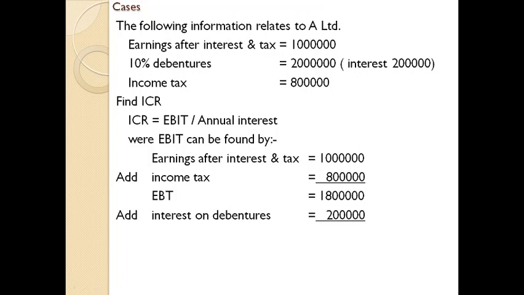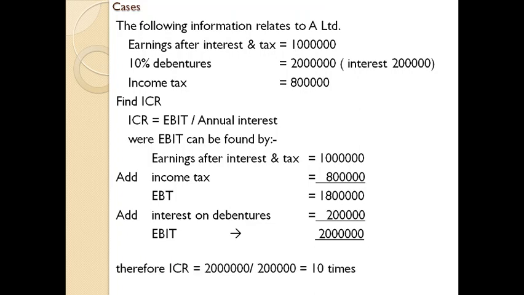In that case, you need to take the yearly amount by multiplying the monthly amount by 12. Finally, you get earnings before interest and tax of 20 lakhs. Substituting into the equation, ICR equals earnings before interest and tax divided by annual interest. The annual interest is already identified, so you will get 10 times.